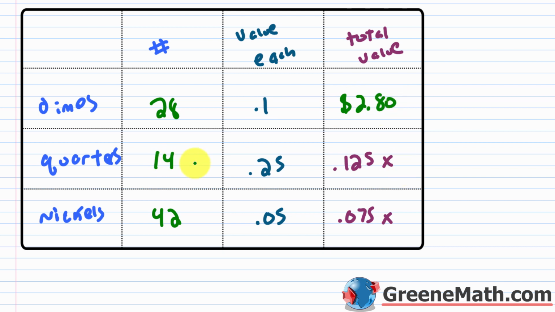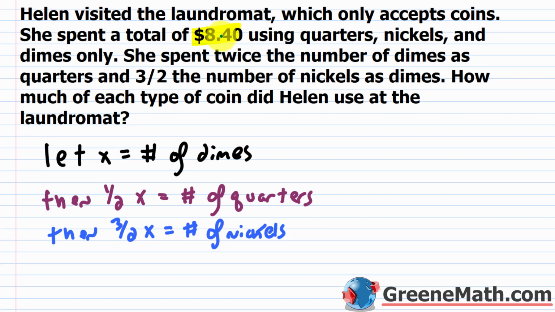And then here, 14 times 0.25 would be 3.5, so $3.50. And then here, 42 times 0.05 is going to give you 2.1, so this would be $2.10. If you add these together, $2.80 plus $3.50 would be $6.30. And then if you add to that $2.10, you're going to get your $8.40. So this part checks out.